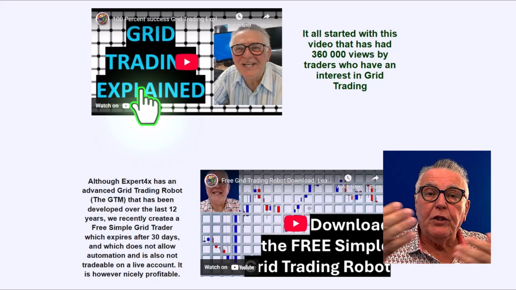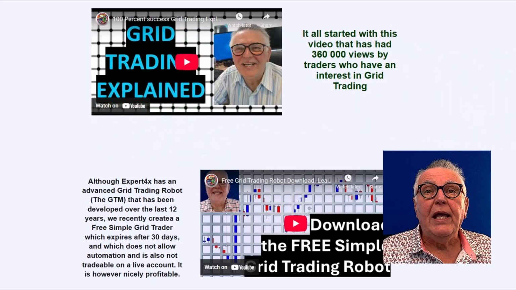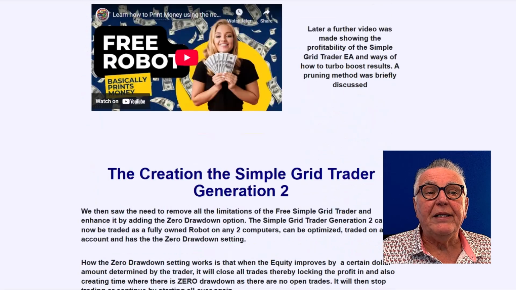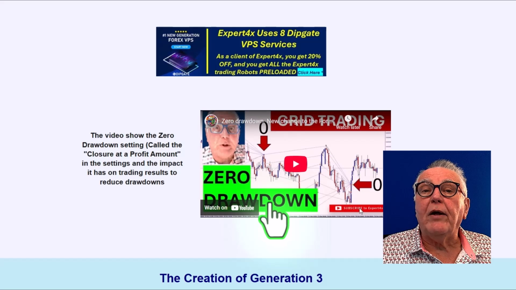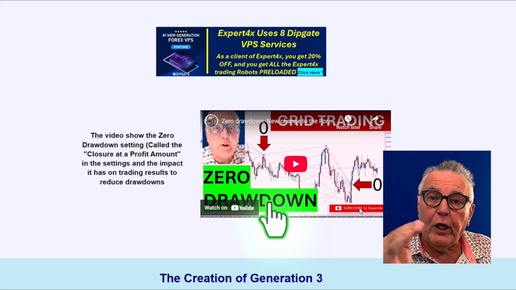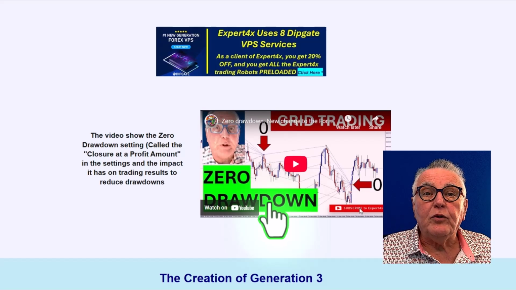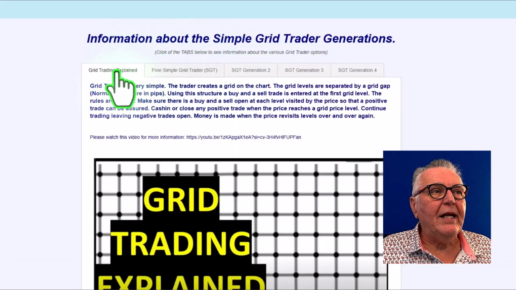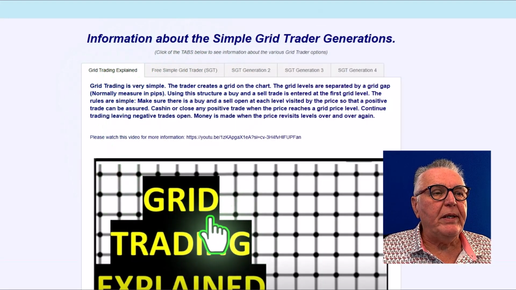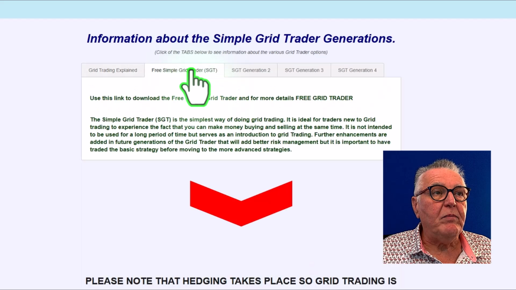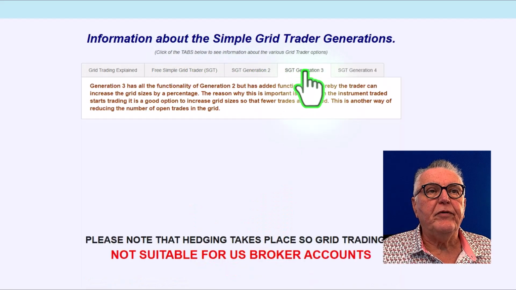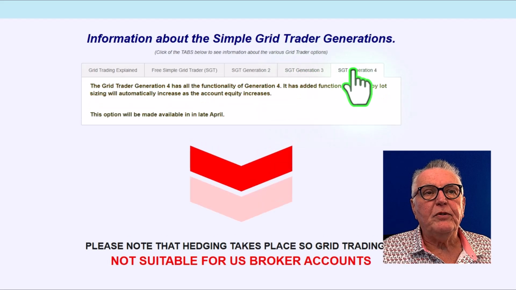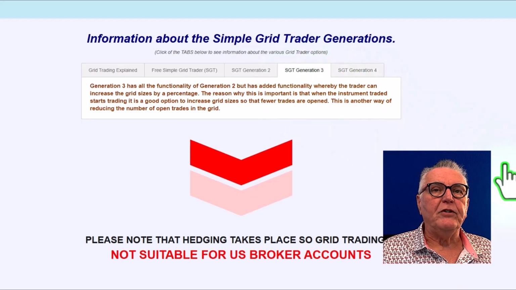And then you've also got generation 3 that now increases the grid size to make it safer and safer. So that's where that zero drawdown concept comes from, because every time it closes a basket, there's no drawdown. And here we have a table that tells you a bit about grid trading, and then if you want to read more about the simple free one, then the generation 2, generation 3, and a possible generation 4 that would be coming soon.